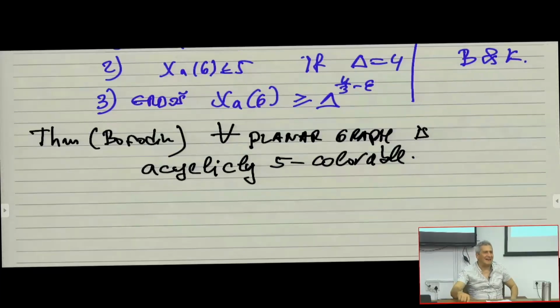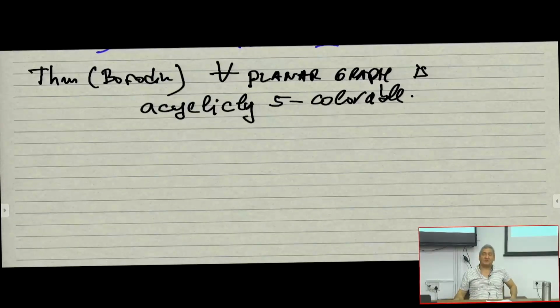So if we have planar graphs, we can acyclically color them with just 5 colors. The proof is involved, it's not simple, it's difficult. Maybe 20 pages, maybe even more. I think it used discharging. Borodin usually proves everything with discharging, but sometimes he proves some very strong results.